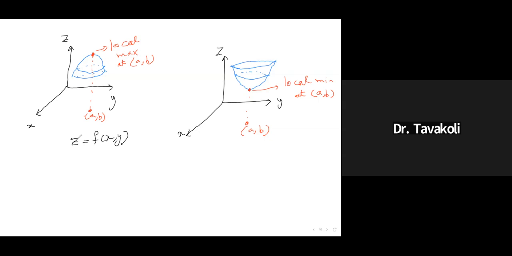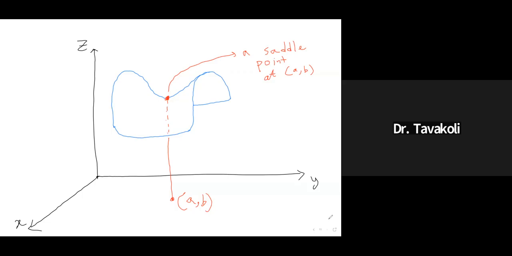Also, another type of points that we'll have in the functions of 2 variables, and they're very interesting, are saddle points. Look at this coordinate system, and suppose that's part of the surface of the function z equals f of x and y.